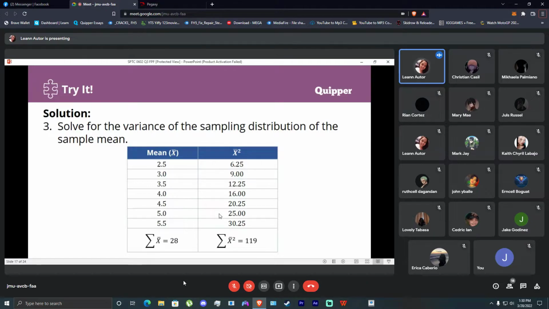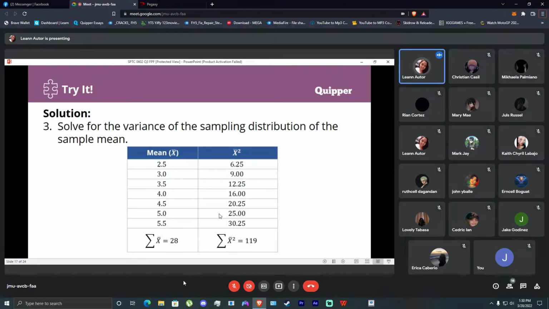In solving for the population variance, the summation of x squared, we have 119, minus the summation of x, we have 28, squared, divided by what? What is our n here? 5?